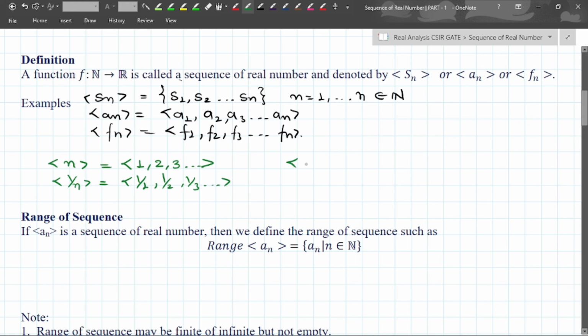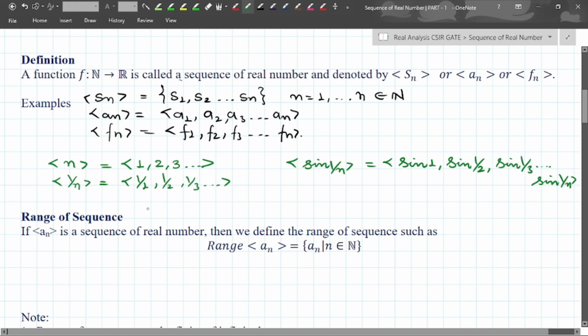For example, I can write sine 1 by n. This is also a sequence. It is sine of 1, then sine 1 by 2, then sine 1 by 3, up to sine 1 by n. I can take one more example: minus 1 power n upon n.